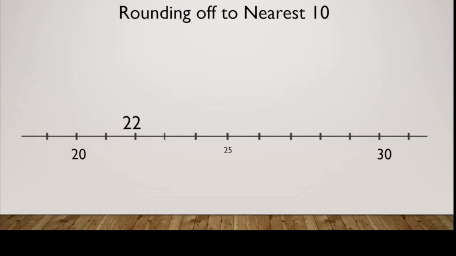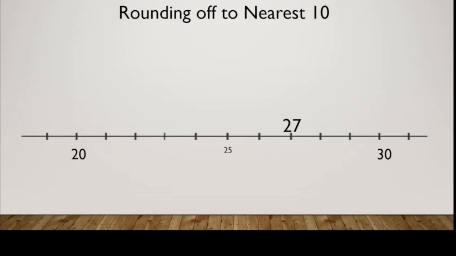Now, if you imagine that there is a magnet placed on both these numbers, 22 is going to get attracted towards 20 because it's closer to 20. So it's going to round down. When it moves to a lesser number, it's called rounding down. So 22 gets rounded down to the number 20.